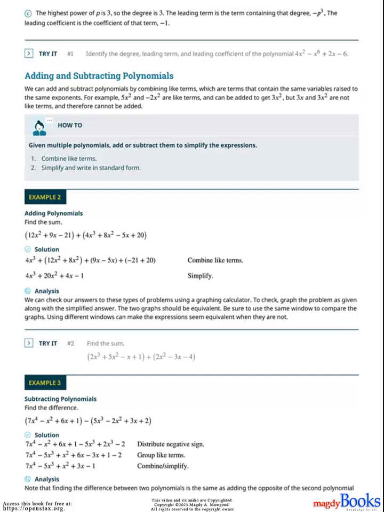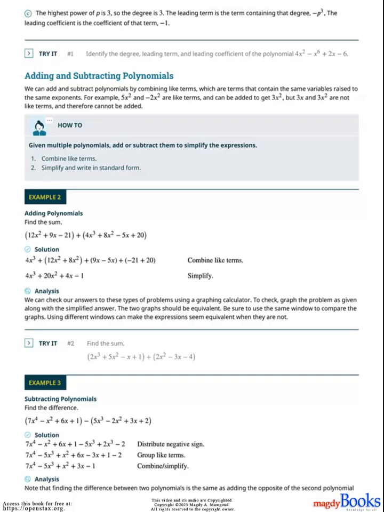The leading term is the term containing that degree, negative p cubed. The leading coefficient is the coefficient of that term, negative 1. Try it number 1. Identify the degree, leading term, and leading coefficient of the polynomial 4x squared minus x to the power of 6 plus 2x minus 6.